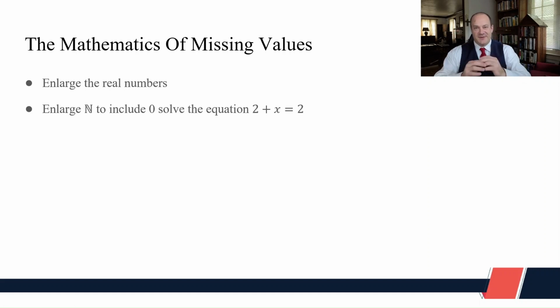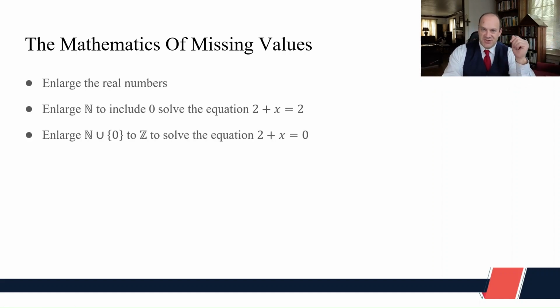Nothing's there. Something's absent. The mathematical interpretation of 0 is we want to solve the equation 2 + x = 2, and you cannot solve that equation with the natural numbers. So you enlarge the natural numbers to include 0. And now with that, we're very pleased with ourselves.